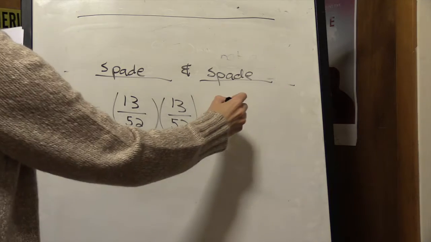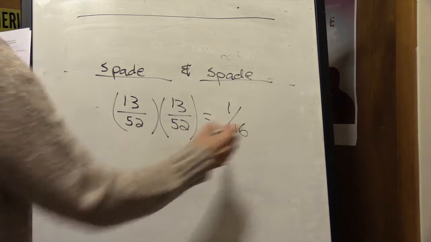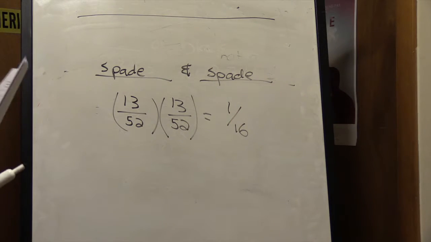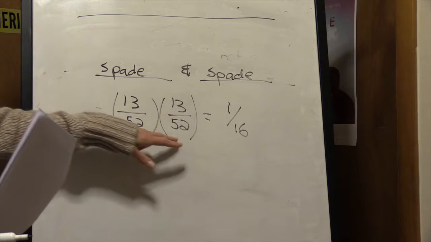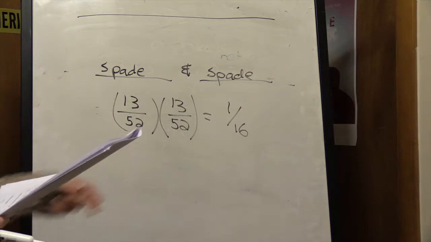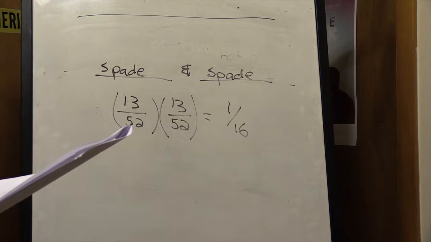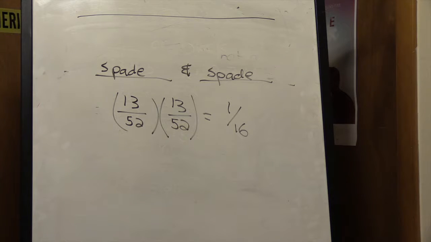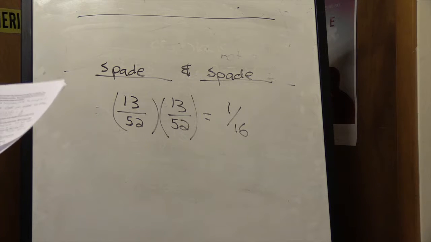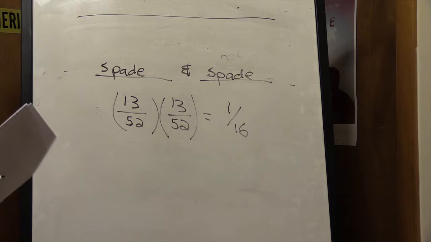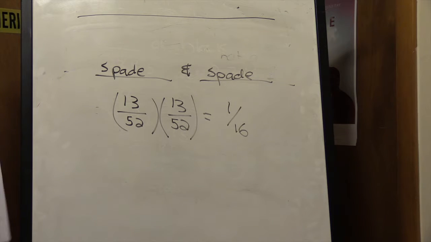And that actually simplifies to 1 out of 16. And remember, it's still over 52 because it says specifically that 2 cards are drawn from a deck with replacement. So we know that each time we have a full set of 52 cards to choose from.